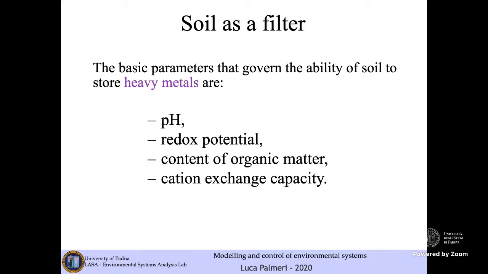The basic parameters that govern the ability of soils to store or trap heavy metals are pH condition, redox potential, content of organic matter, cation exchange capacity, and so on.